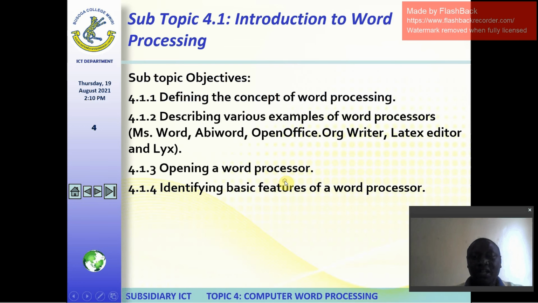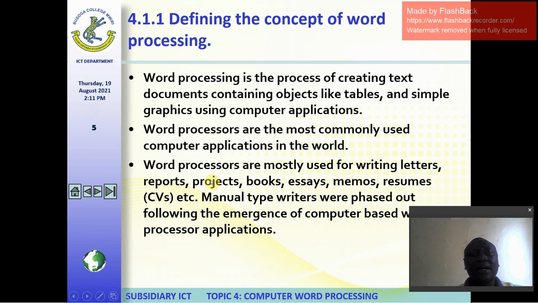Now, as we are moving ahead, of course, we need to understand the definition. You know, when you don't understand the concept right from the definition, that means you will not take in anything. Now, a word processor is the process of creating text documents, okay, that contain objects like tables, simple graphics, of course, using the computer applications.